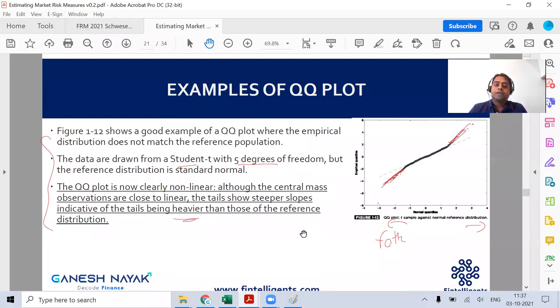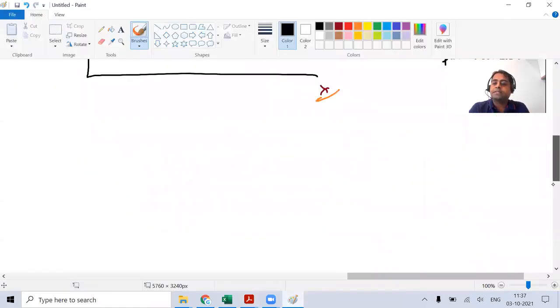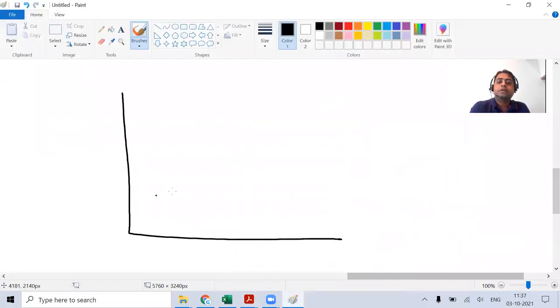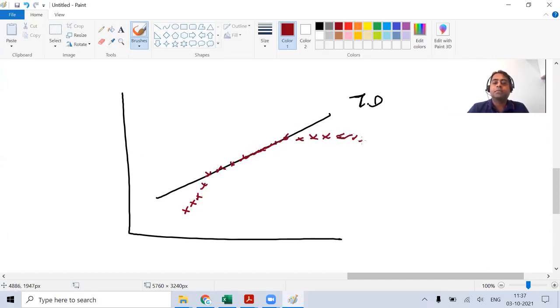Okay. Suppose we see something like this. This is my theoretical distribution, the assumed one. I see something like this. So the center is exactly matching, and something like this is happening. Then what does it mean?